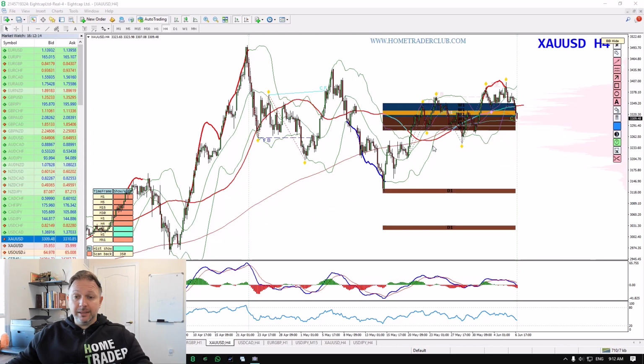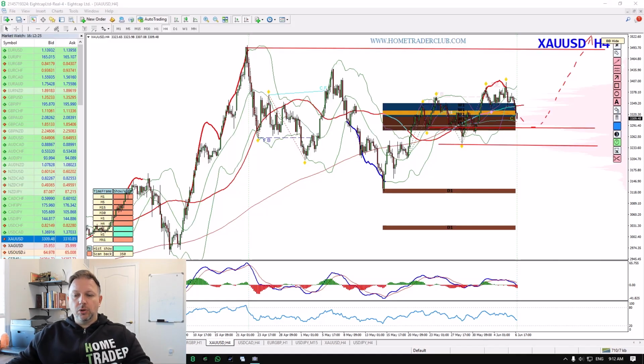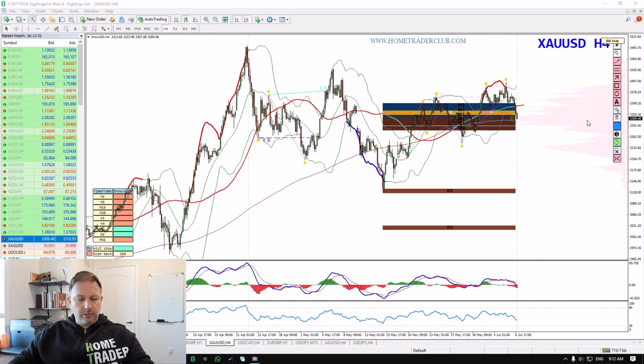On the other hand, if it doesn't do that and it does hold the supportive line and the volume profile, then we should see the gold aiming again towards the 3500, maybe even beyond, to complete the final peak before the trend changes and reverses to the downside.